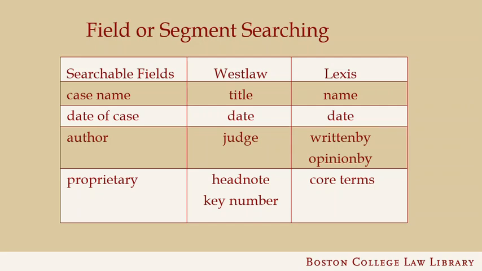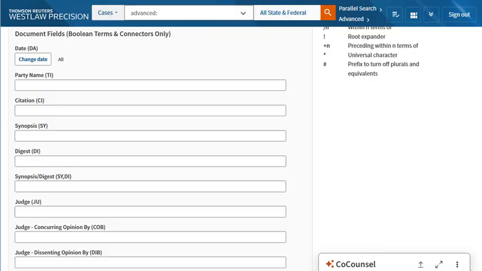Some fields or segments are information added by the vendor and proprietary to that system. Some are unique, like West Key Number Digests and Lexis Core Terms. And cases on both Lexis and Westlaw have headnotes, but the headnotes on each system are exclusive to that system.